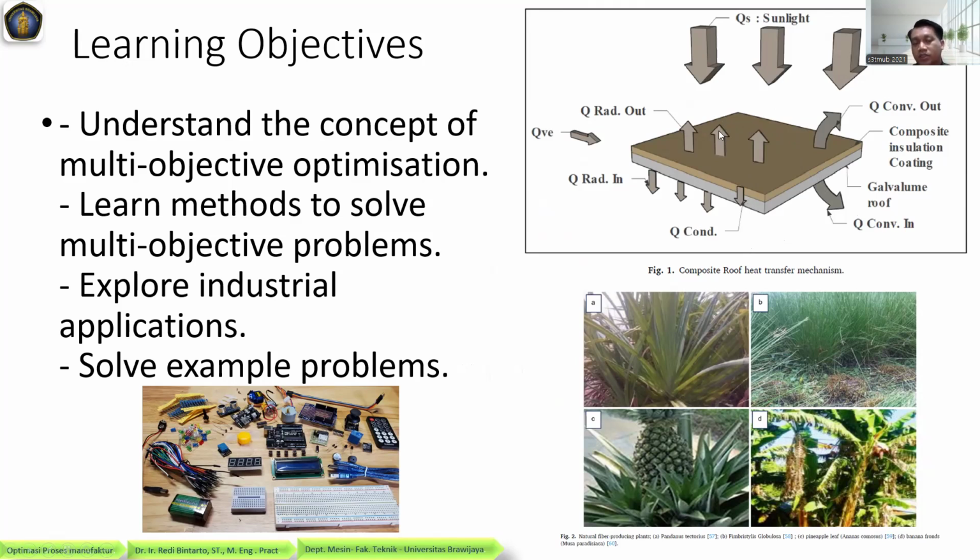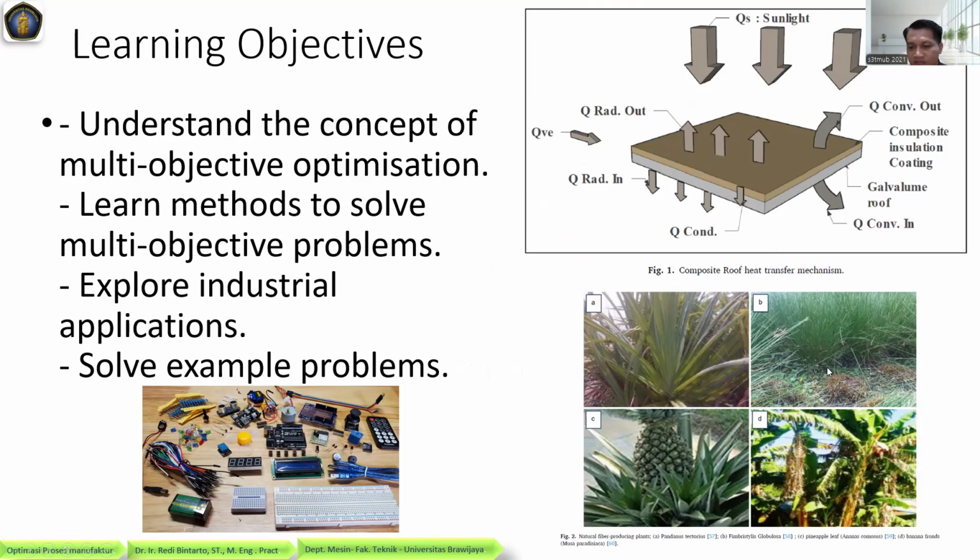temperature when we use a metal roof. And what material can solve this problem? The first is natural fiber. We can see here there is pandan, banana, ananas, and so on.